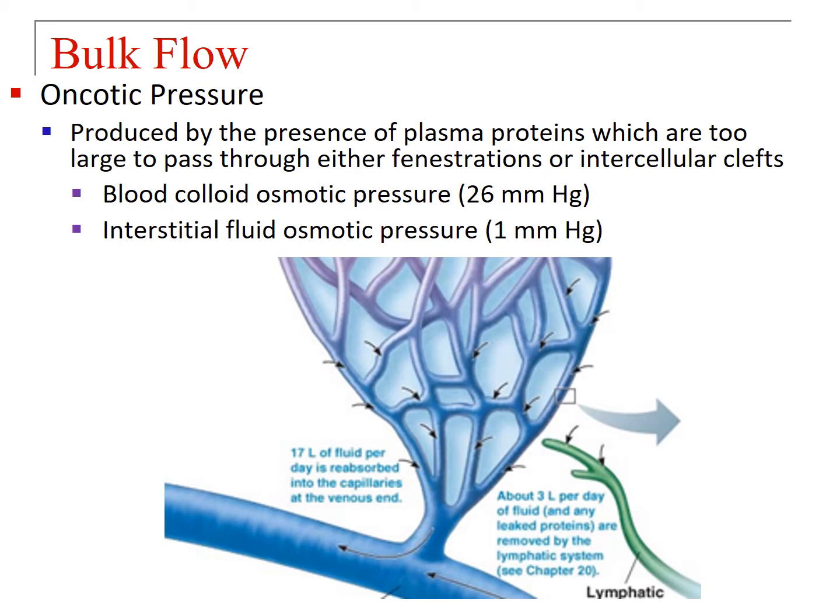And so what that means is you've got a lot of protein molecules present in the bloodstream that are not present in the interstitial fluid. And that means you have a higher concentration of these protein solutes in the capillaries than you have in the interstitial fluid surrounding it. And so what that means is that water is going to go from an area of lower to higher solutes, and in this case is going to be drawn in towards the blood plasma.